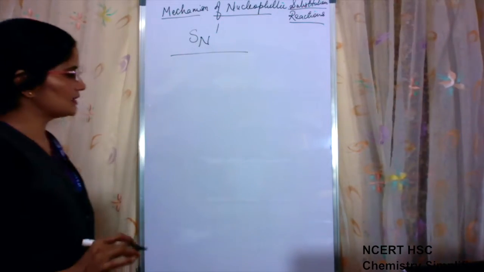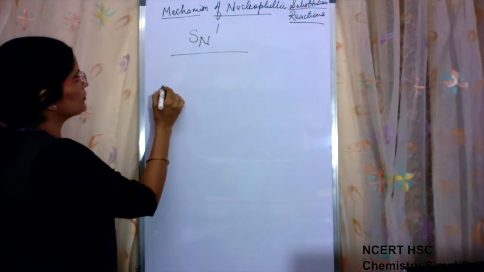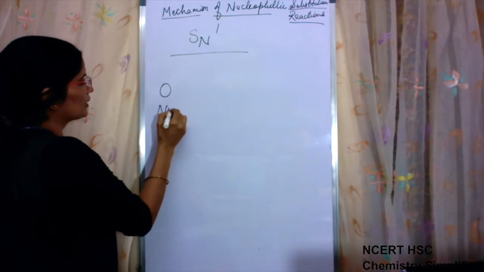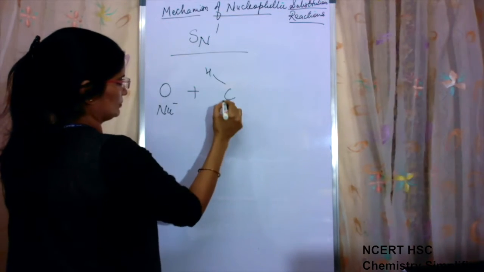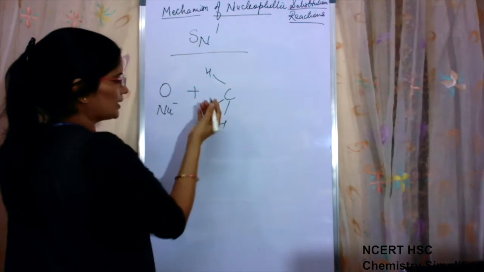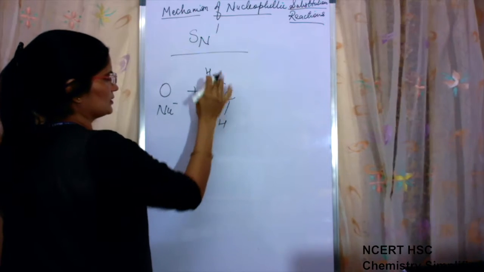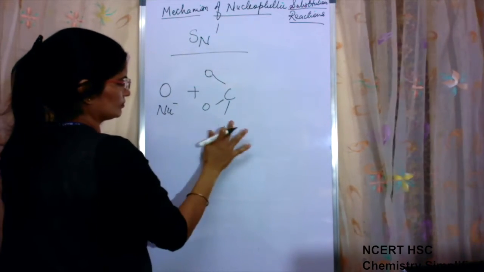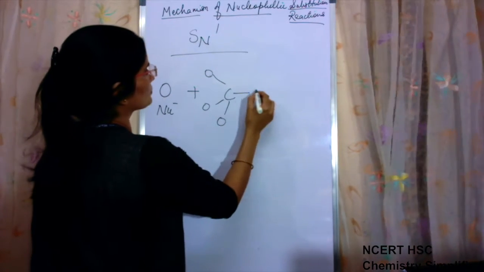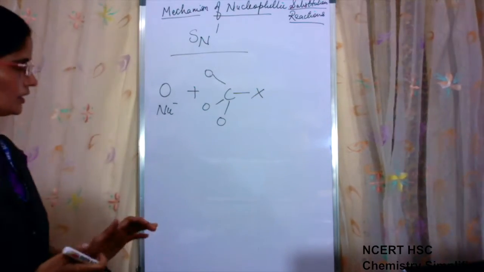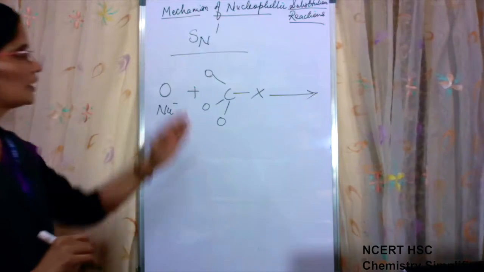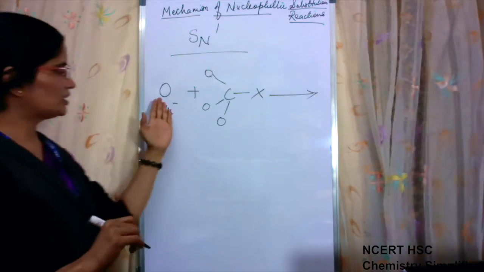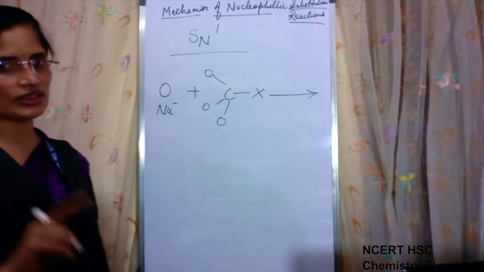What happens in SN1? The same thing is there. There will be one nucleophile which will attack on, either we write H or we make circles here. Then the halogen atom. Now in the SN1 reaction, these two will not react with each other in the first step.